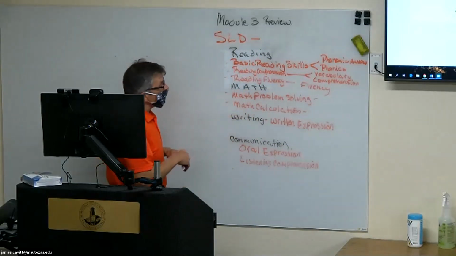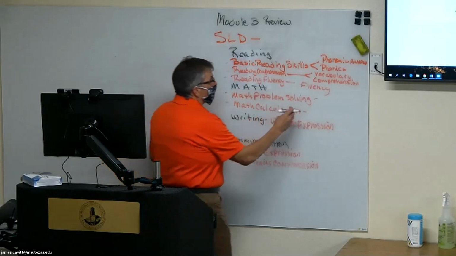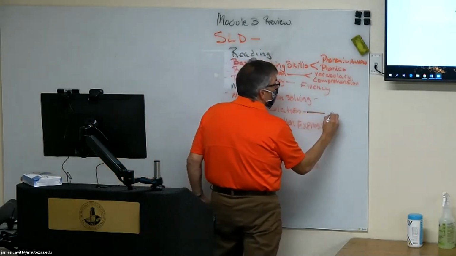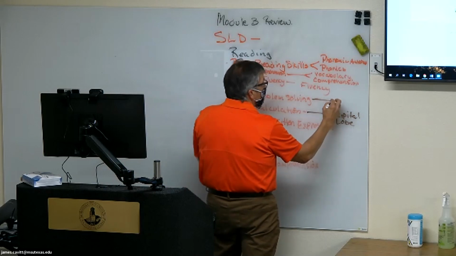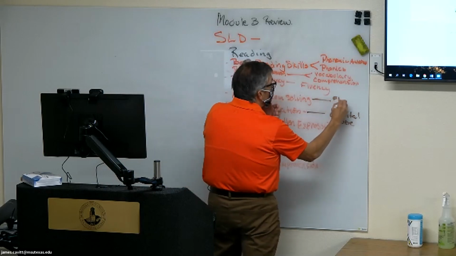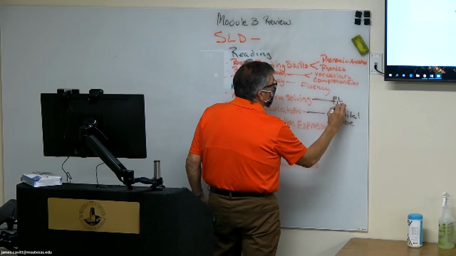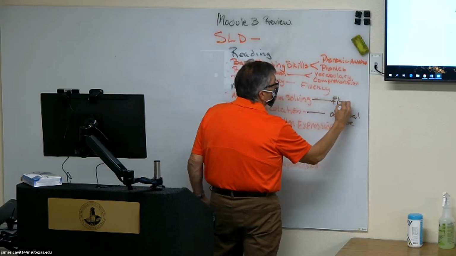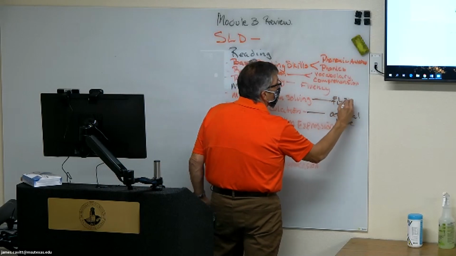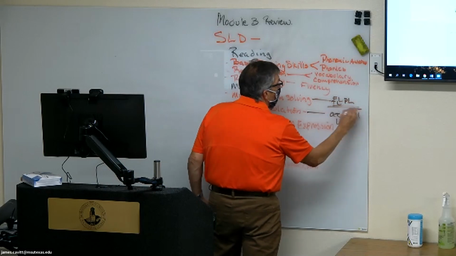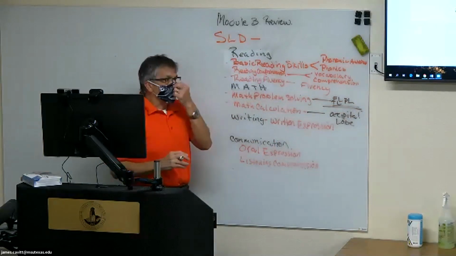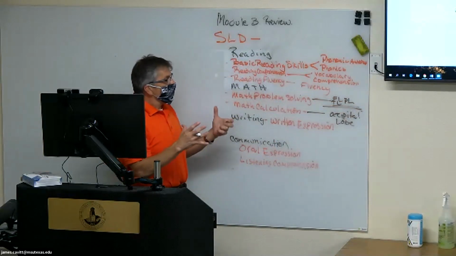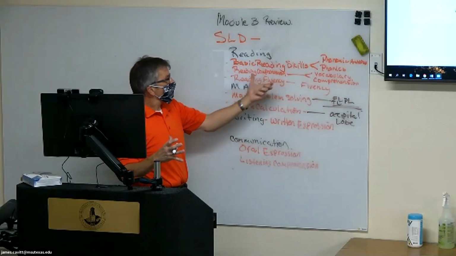And remember, here's an interesting thing. This is processed through the occipital lobe, whereas this would be processed through the frontal lobe, the temporal lobe, and the parietal lobe of the brain. So it's kind of interesting. Math is a more comprehensive area that uses more of the brain than reading does.